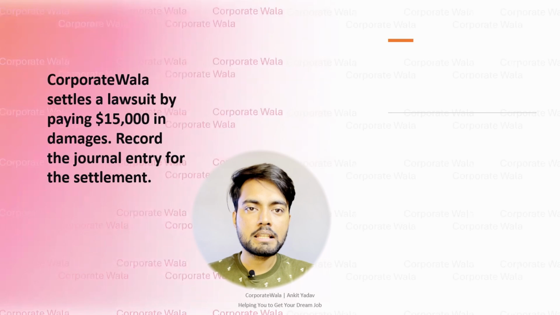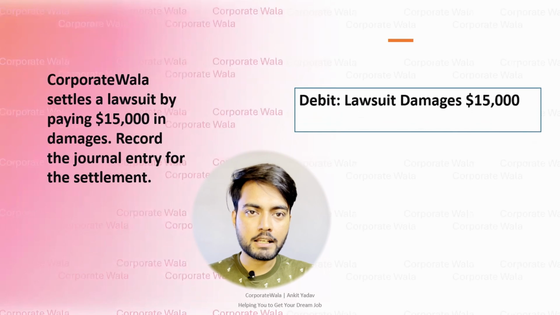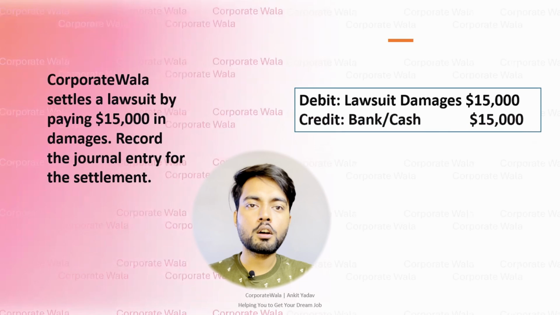So what will be our journal entry here? Lawsuit damages account debit to bank or cash account by $15,000. So we are assuming that they are settling the payment here. If they have only recognized the liability, we would have created a liability instead of paying it off by cash or bank.